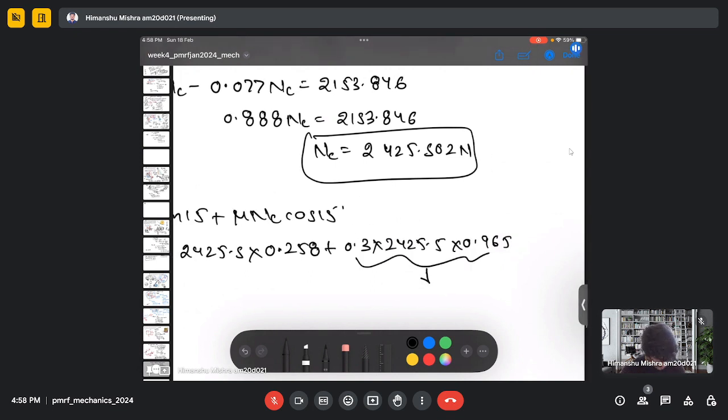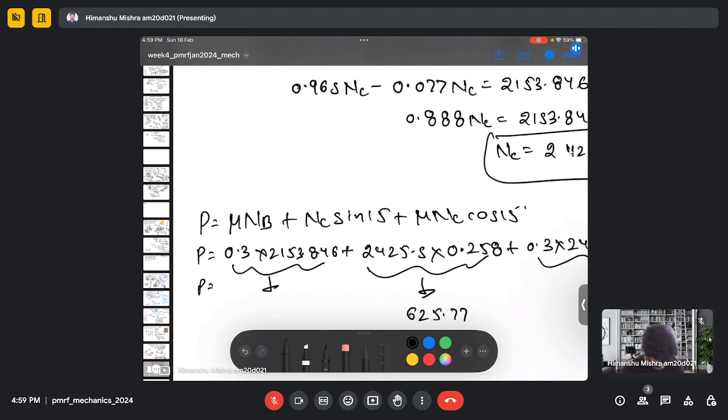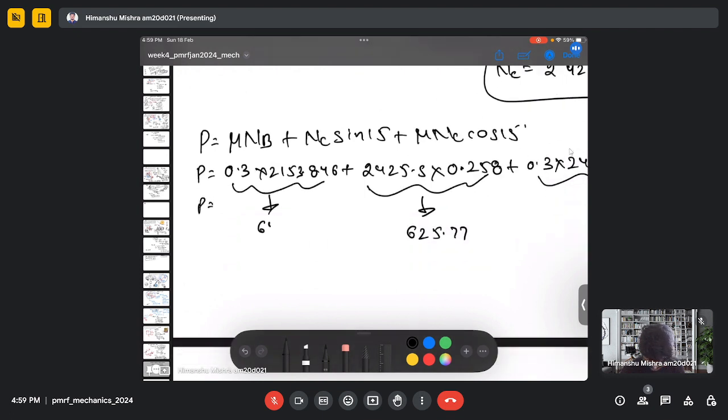So this term will be 702.85, this term will be 625.77, and this will be 646.14.